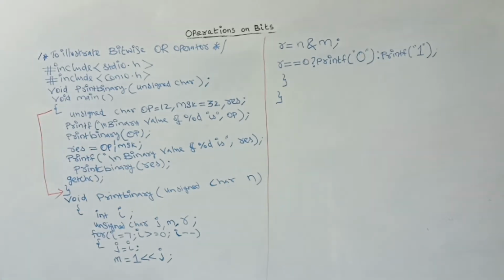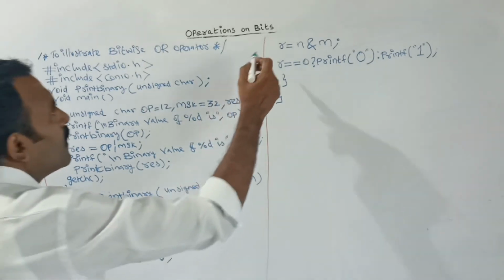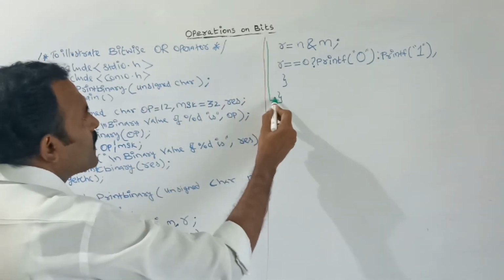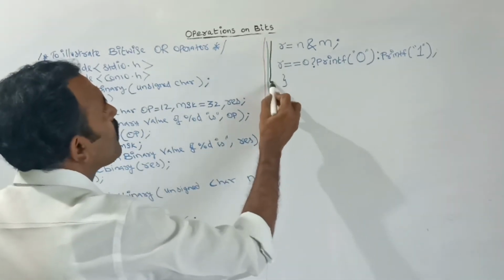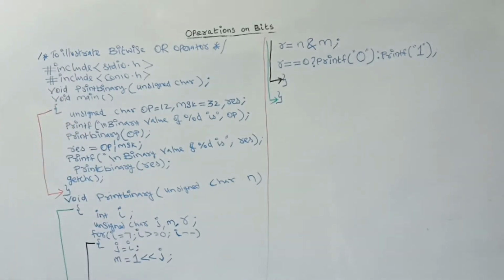This is a user defined function, open brace and close brace. Next, for, open brace here, close brace.